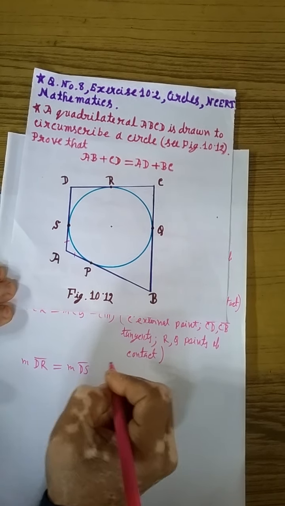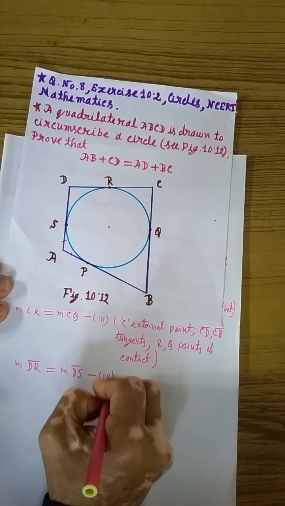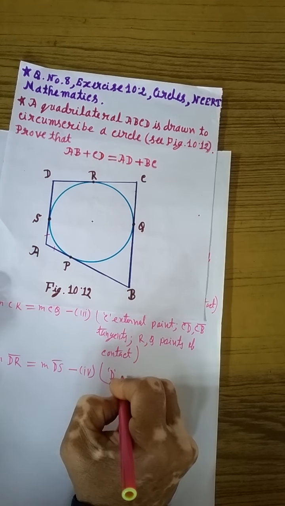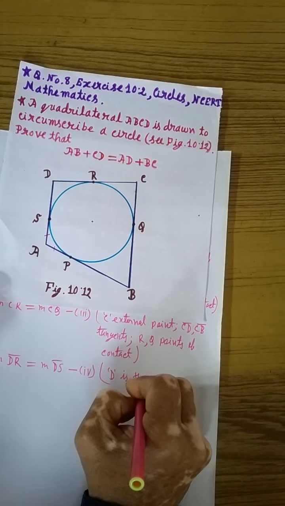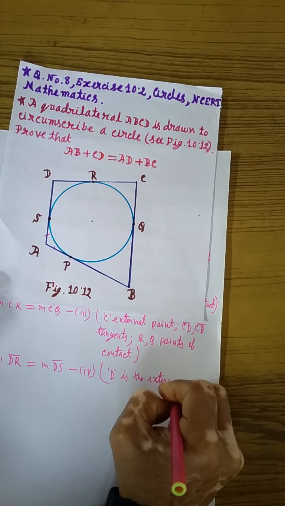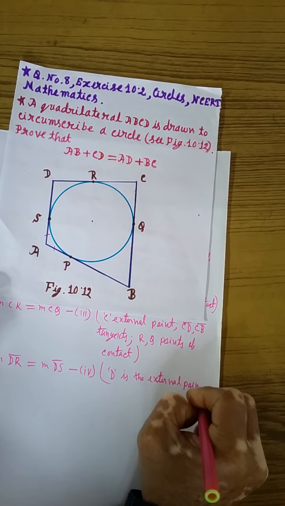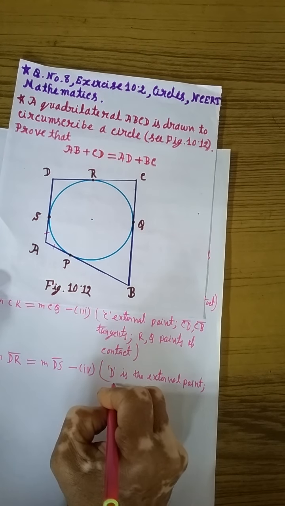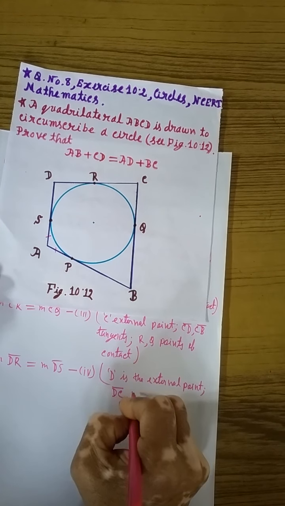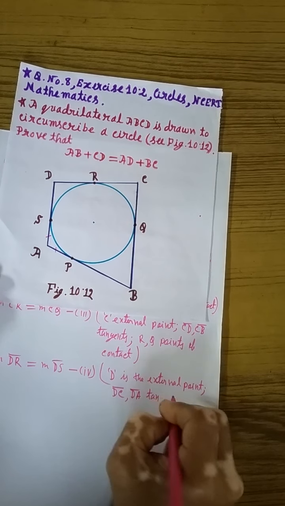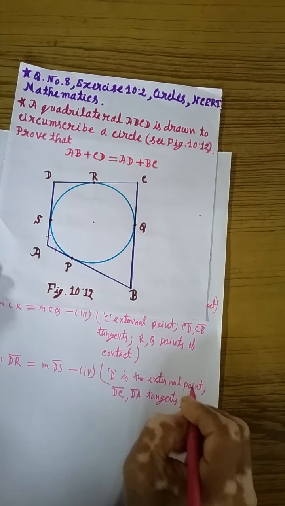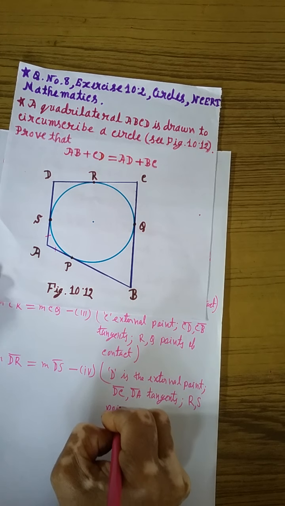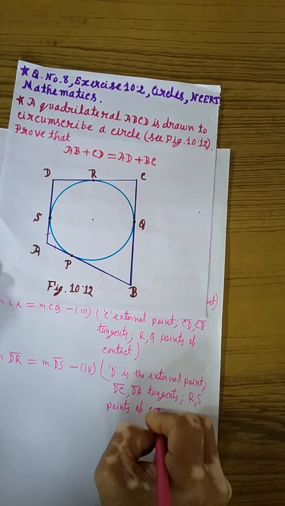Let us name this relation as 4, and within bracket write in this way, this time D is the external point, DC, DA tangents, R, S points of contact.